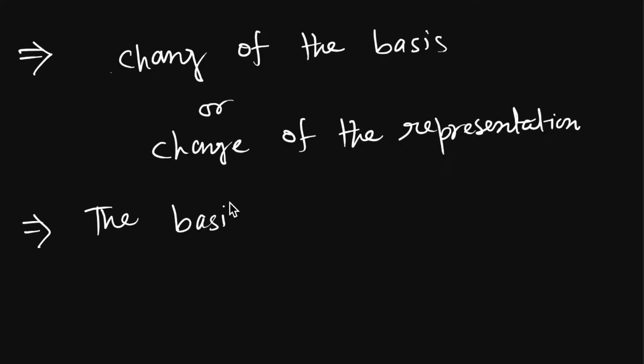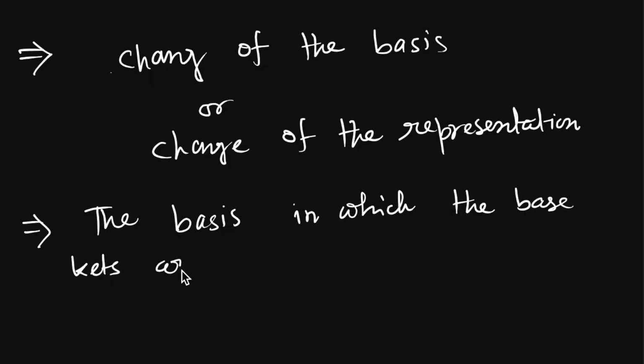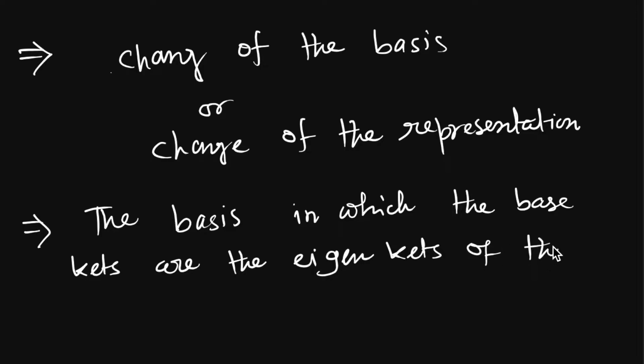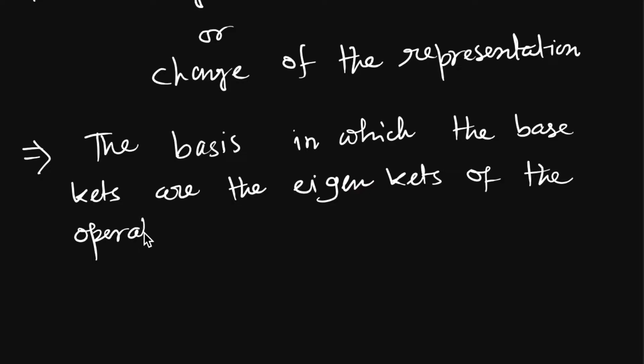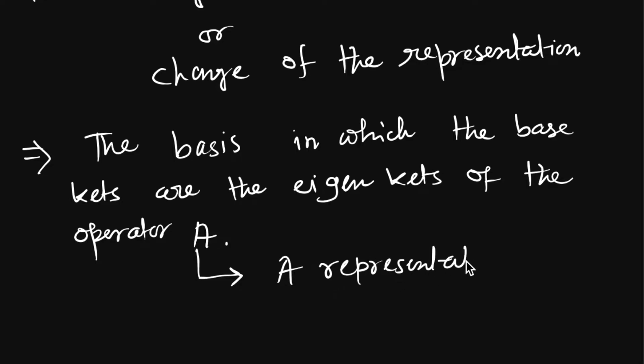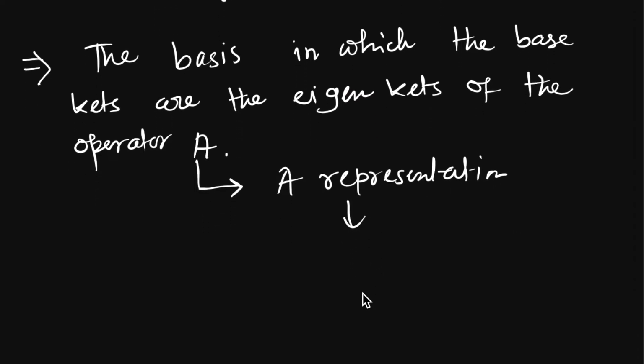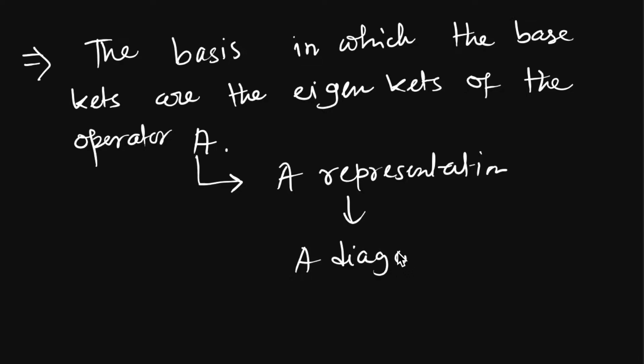The basis in which the basis kets are the eigenkets of the operator A, that basis is sometimes called the A representation, or it's sometimes called the A diagonal representation.